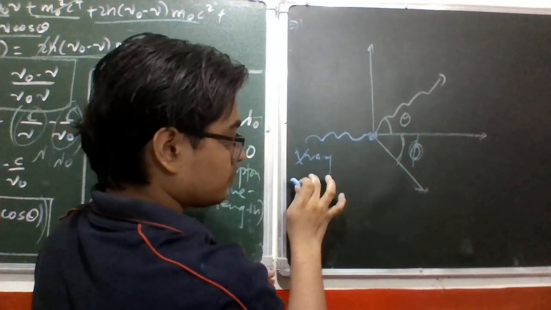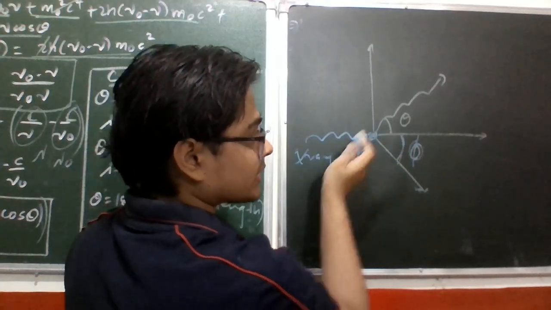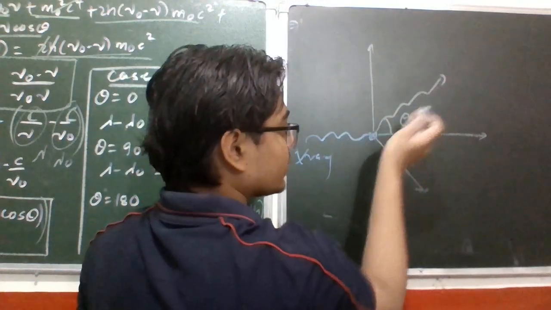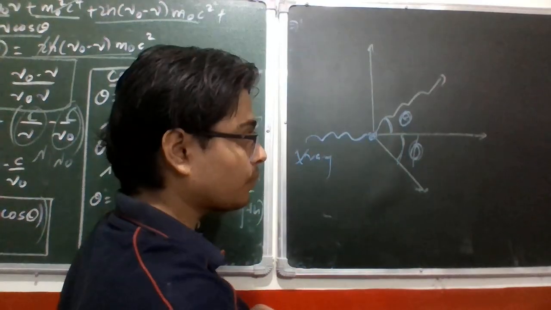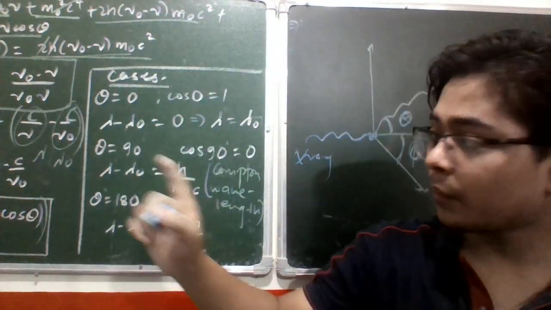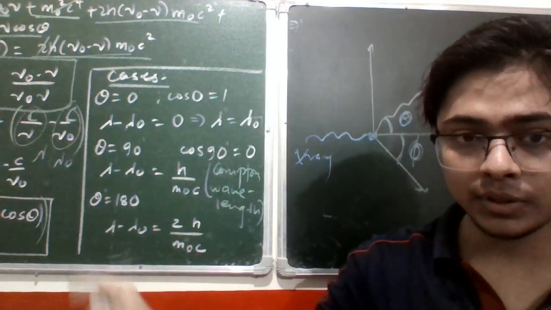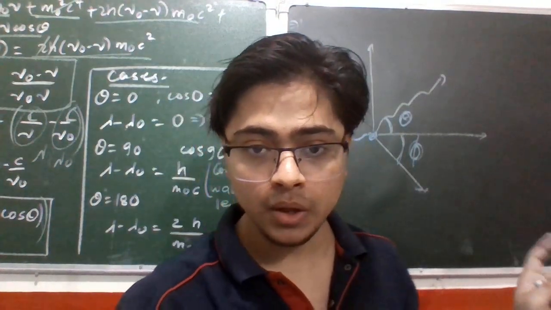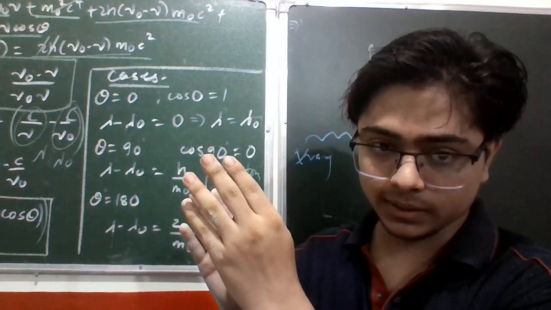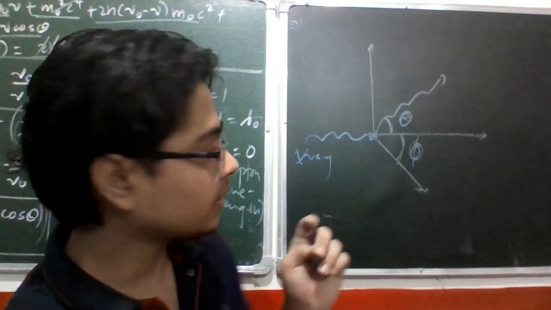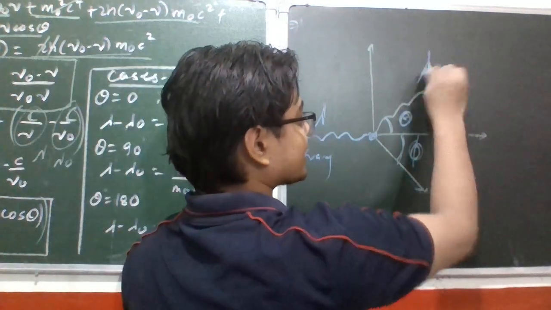Similarly, the X-ray after striking this electron would scatter in this direction with an angle theta with respect to x. Now we have got our equation in terms of theta. So that's why we don't have any phi here. We are interested in finding the change in wavelength of this incident X-ray and this scattered X-ray.